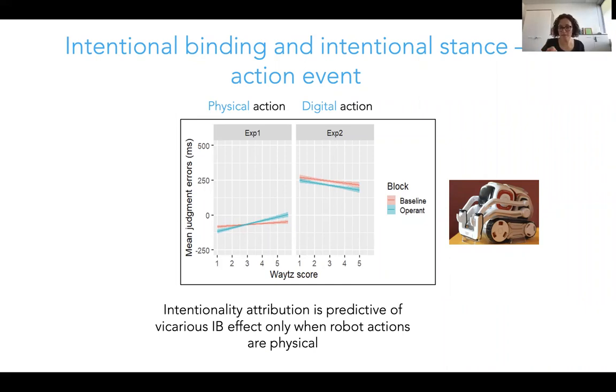This is a Weitz score, a standard questionnaire very often used to evaluate the degree that people attribute intentionality to robots in general. And the more intentionality they attributed, the more they showed vicarious sense of agency, but only in the physical action condition for Cosmo. So physical action matters, but in this kind of non-anthropomorphic robot, you need to boost that effect a little bit by attribution of intentionality.